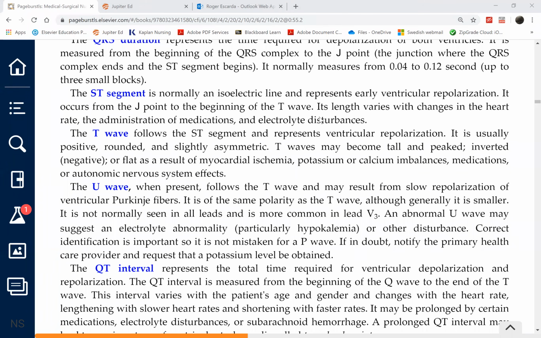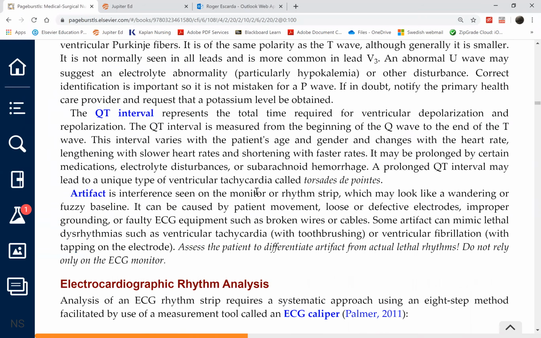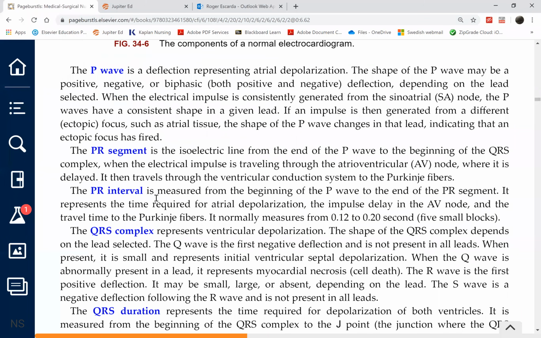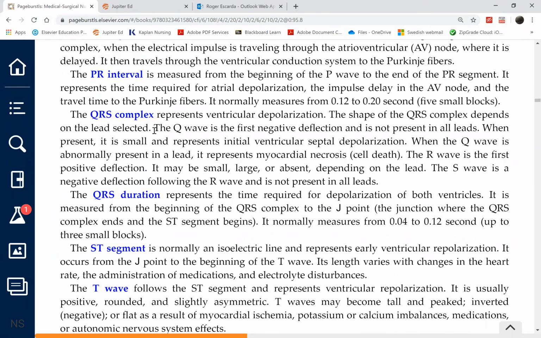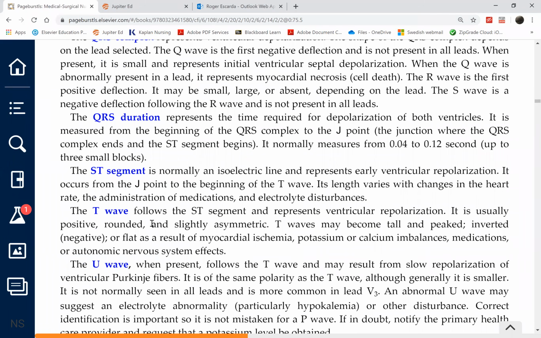The U wave, which is not present all the time, we will disregard because it will hardly show on most EKGs. I've only seen it very rarely also, so we'll forget about the U wave. So all I'm testing are the P wave, PR interval, the QRS complex and duration, ST segment, and the T wave.